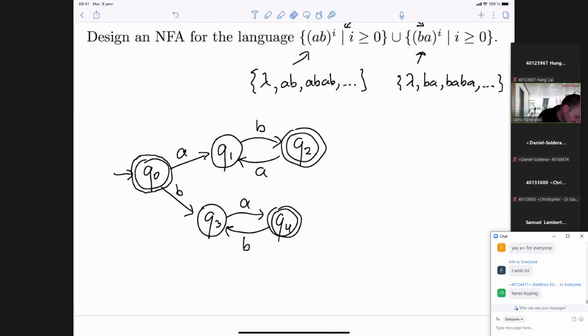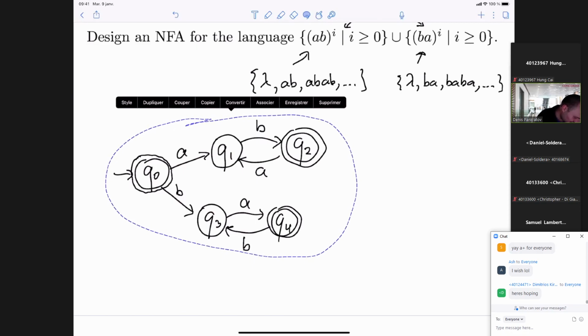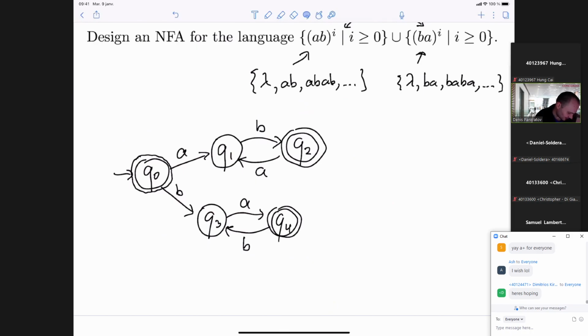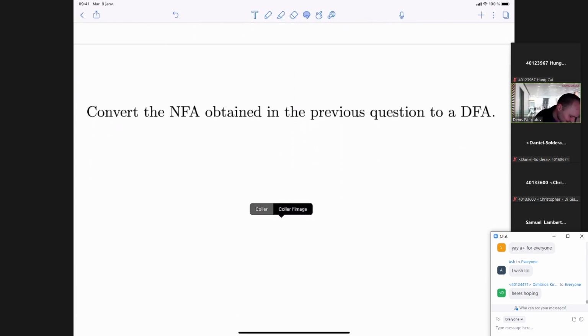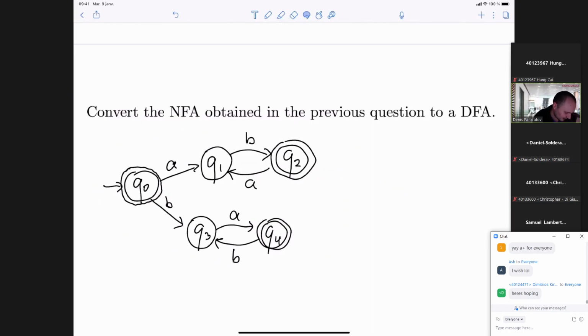But I'm avoiding lambda transitions because of the next part of the question. The next part of the question asks us to convert the NFA into a DFA using the conversion procedure.